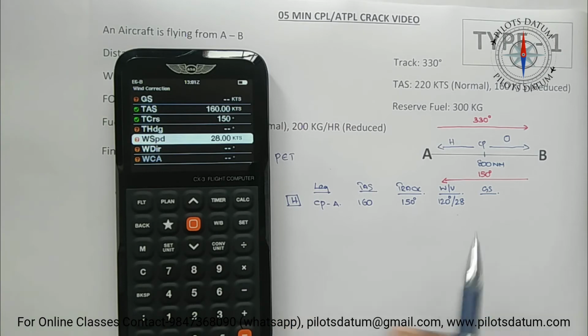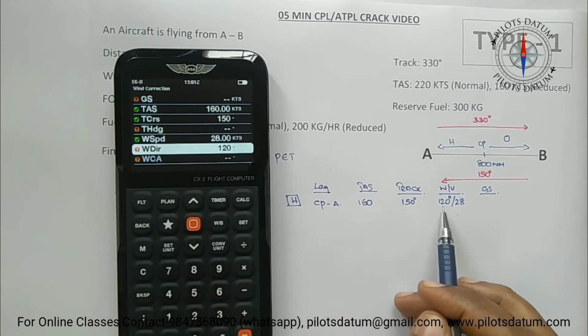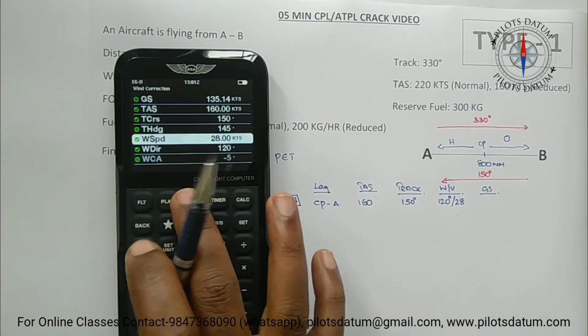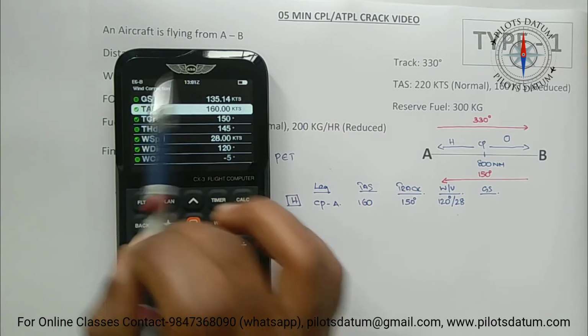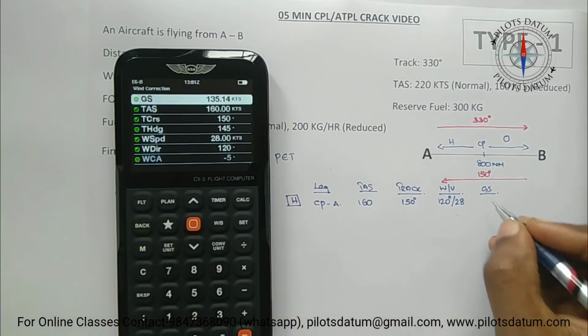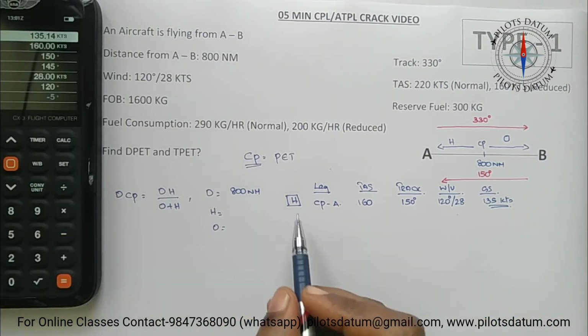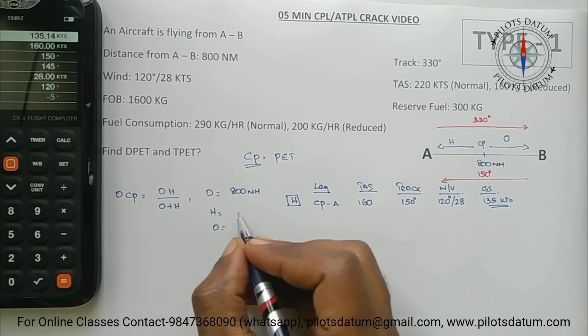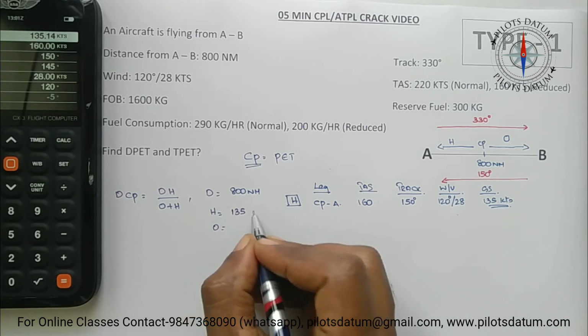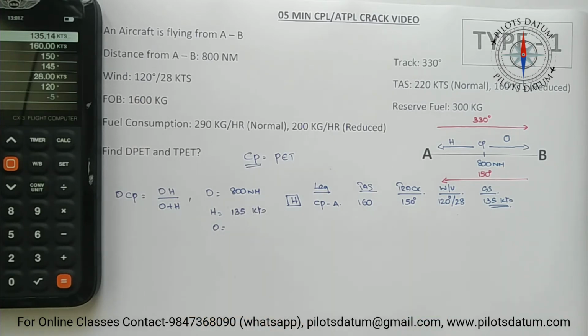Then wind speed is 28 and wind direction is 120. After inputting, we get the ground speed as 135 knots. So we got the home ground speed, 135 knots.